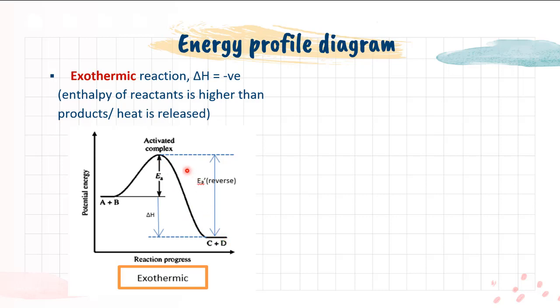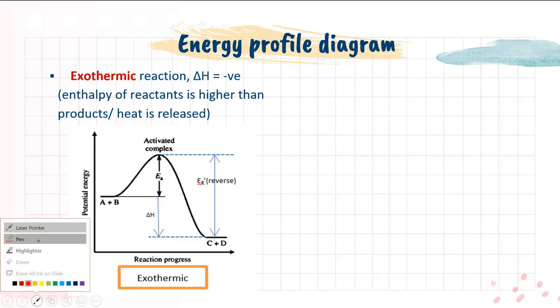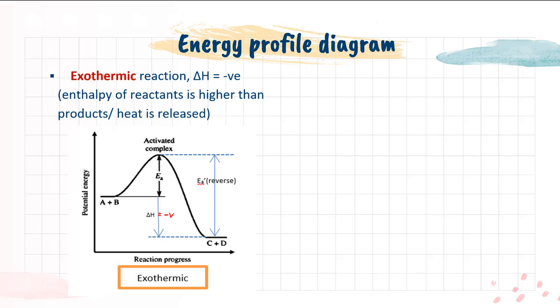You can see the difference in energy between the reactant and the activated complex is what we call the activation energy. From the reactants towards the product going down, energy is released. That is your enthalpy. The direction is going down, and this enthalpy is negative in value.